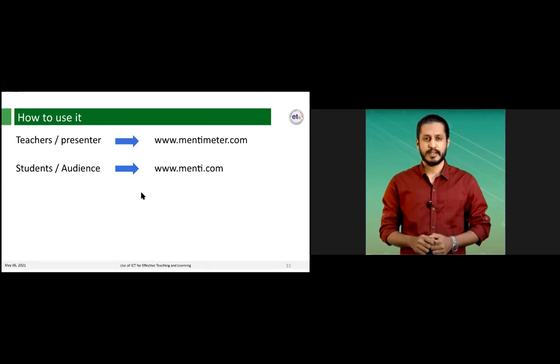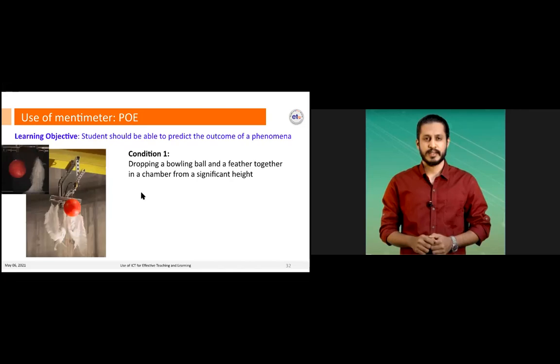Just to give you an interesting example of how to use Mentimeter, this is one example. My learning objective is that students should be able to predict the outcome of a phenomenon. So here is a condition that I'm giving you. There is a bowling ball and a feather, both hanging.